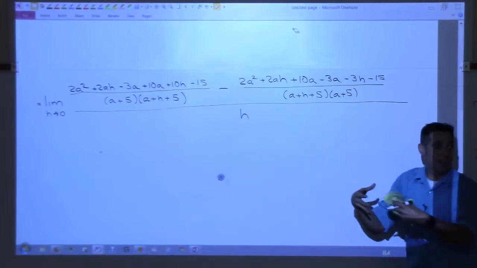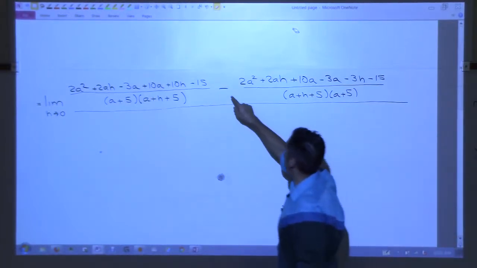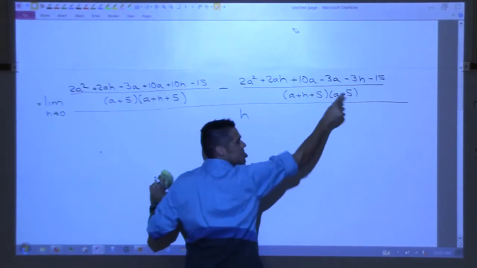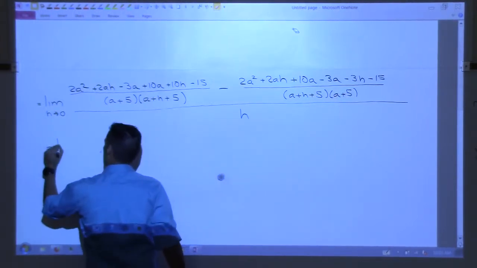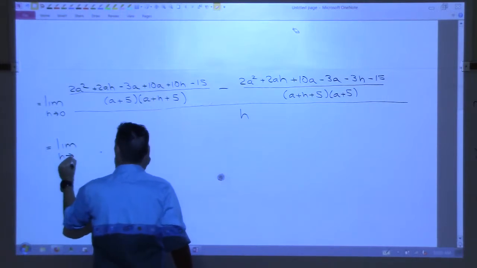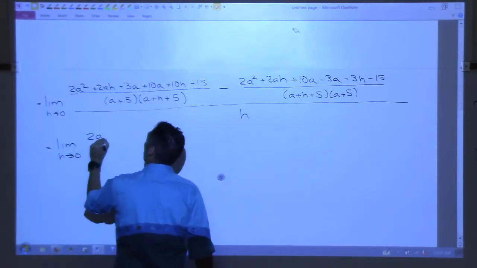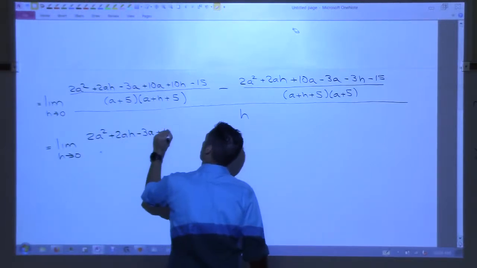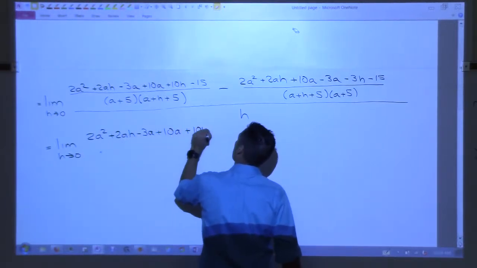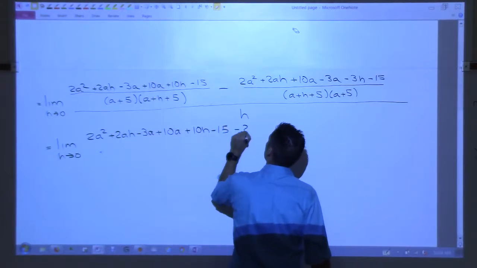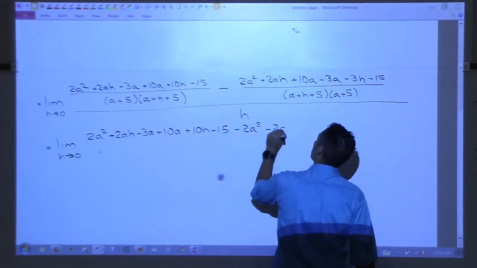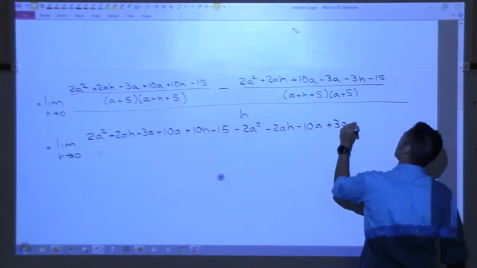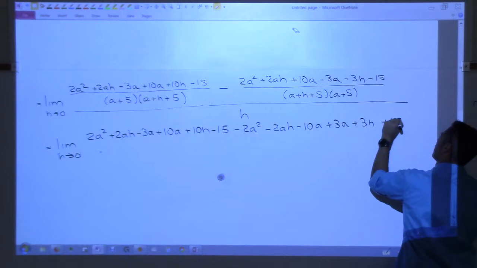So I can combine them together, but be careful because this is a minus, right? And that minus is going to change the signs of everything over here. And then we should get lots of stuff to go away. I'm just writing the numerator over here. Minus 2a squared minus 2ah minus 10a plus 3a plus 3h plus 15.